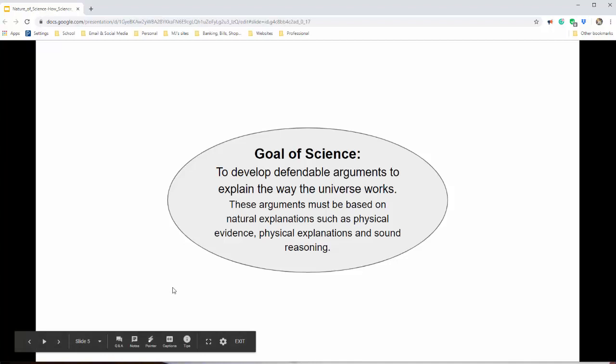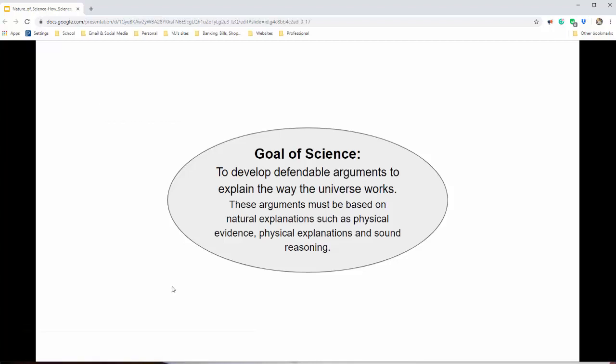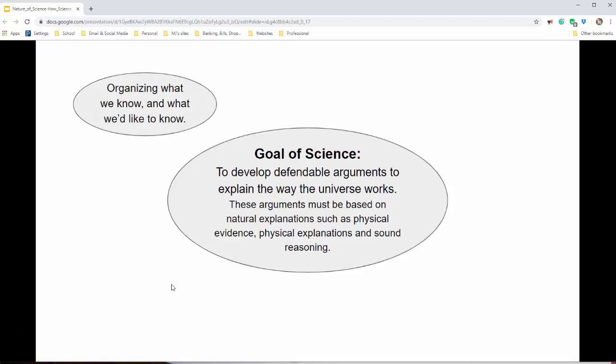Well, how we get to all this starts, or you could say starts with, it may or may not start with, because it's really a circuitous process, we organize what we know. We can't find out new stuff until we know what's already known. Does that make sense?